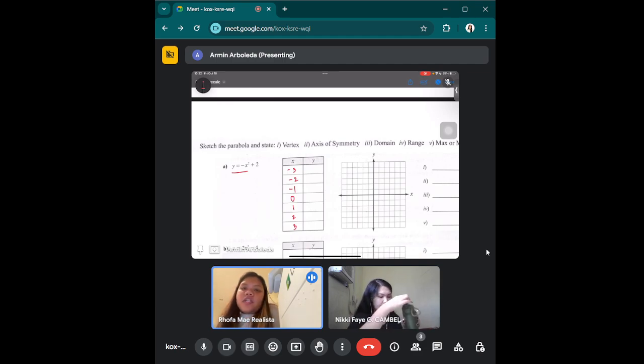Wait, paano ko po gagawin negative x squared to? Yung negative po, you can just use the minus, or you can use the button under the fraction. Magkapareha lang po yan. Negative 7 yung negative 3. Then negative 2.